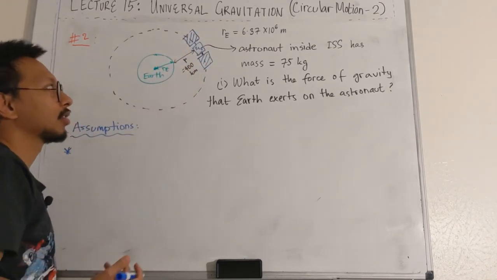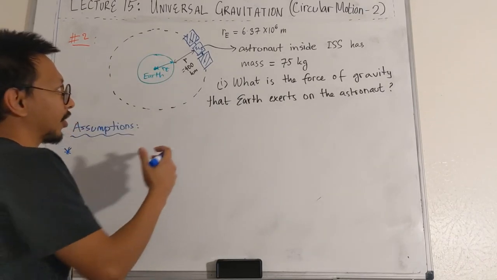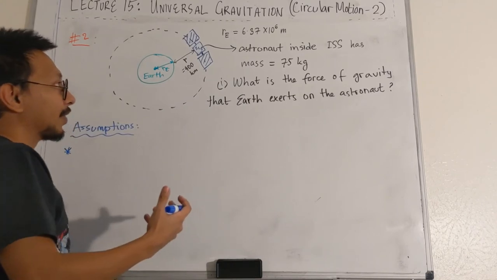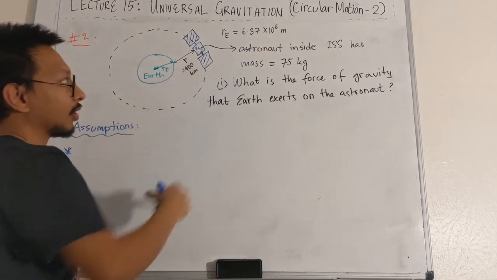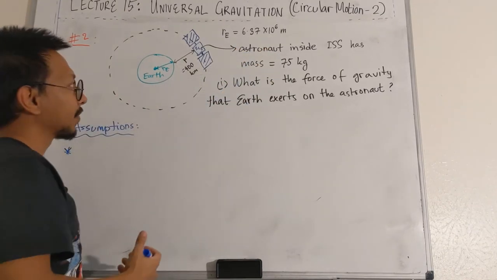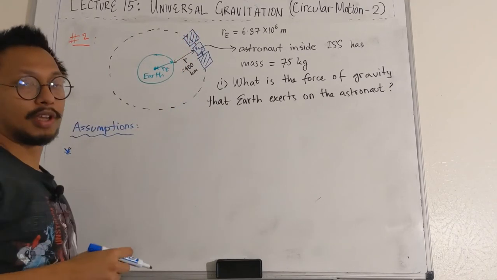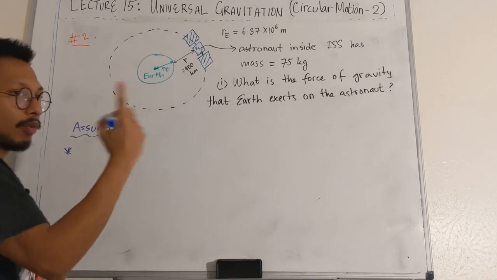Why is it sensible to do so? Because with respect to the Earth, the size of the ISS and the size of the astronaut inside the ISS is very negligible. So it would be plausible to consider them to be one object.